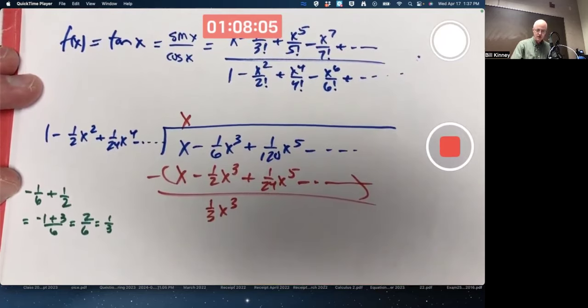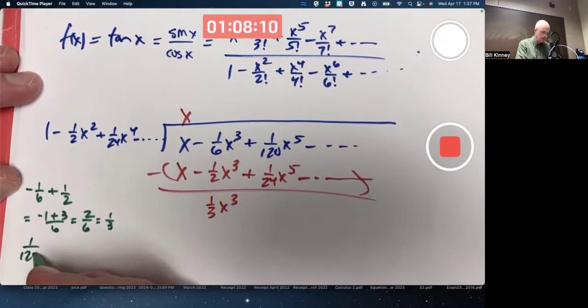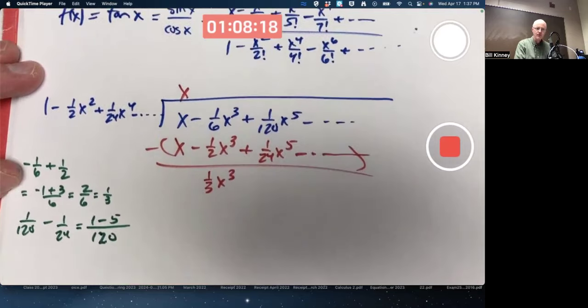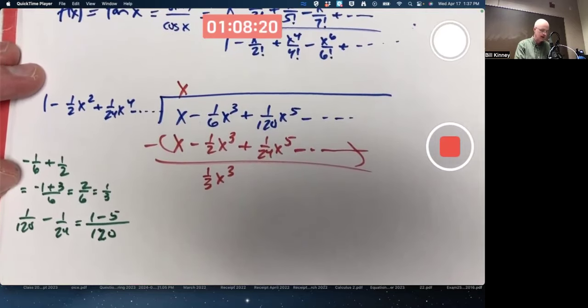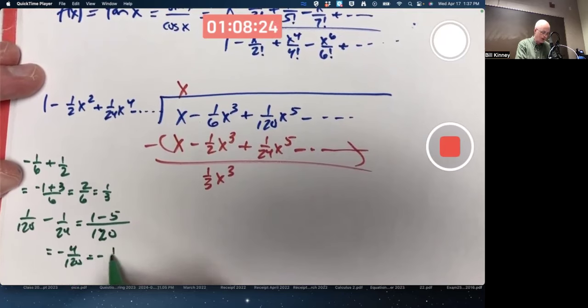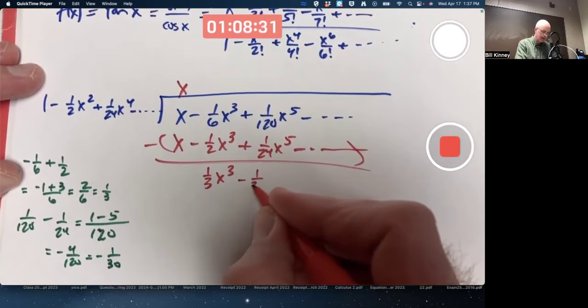And I also have to do, it looks like 1 over 120 minus 1/24. Common denominator of 120 will give this. 24 does go into 120 5 times, negative 4 over 120, which is negative 1/30. Negative 1/30 x to the 5th.